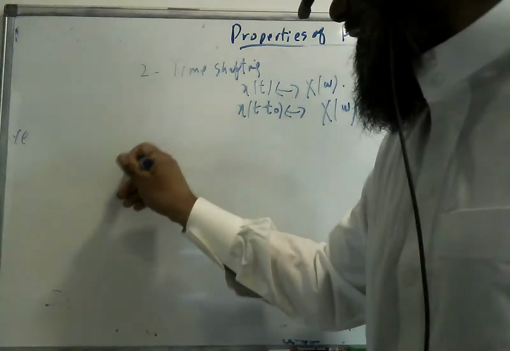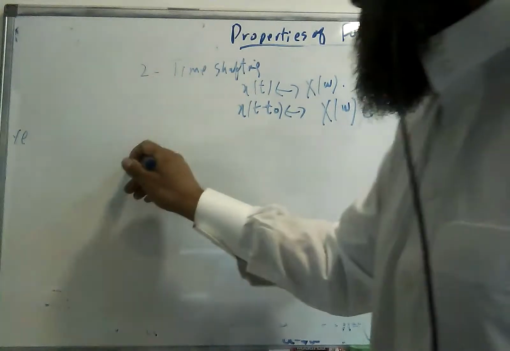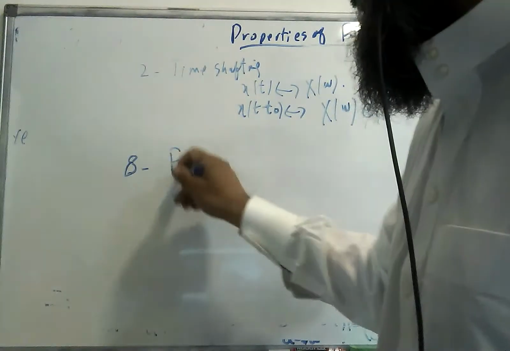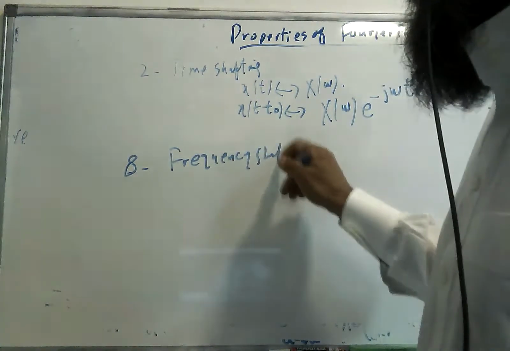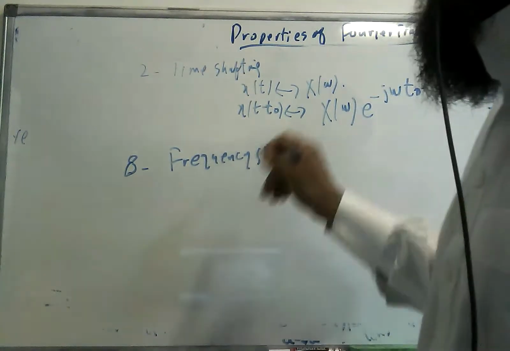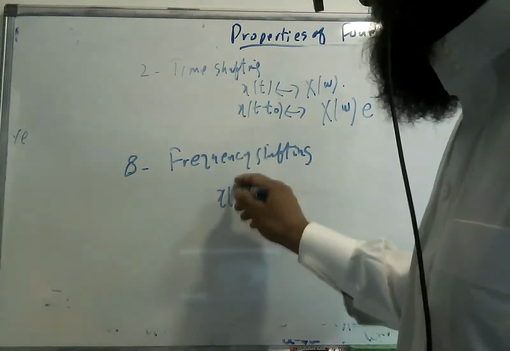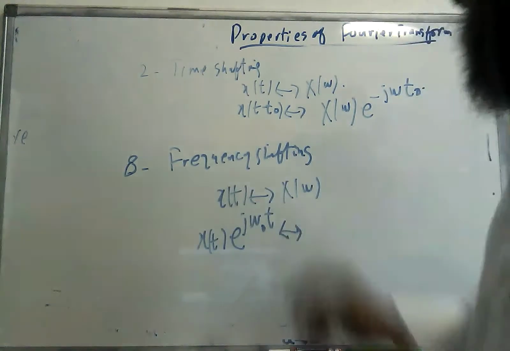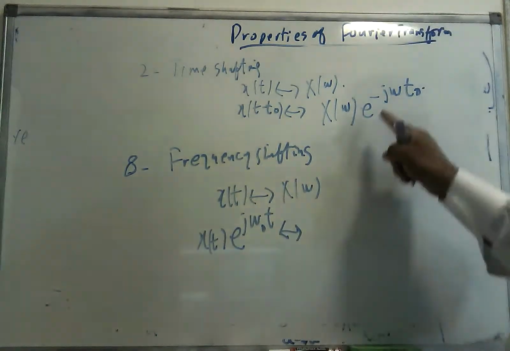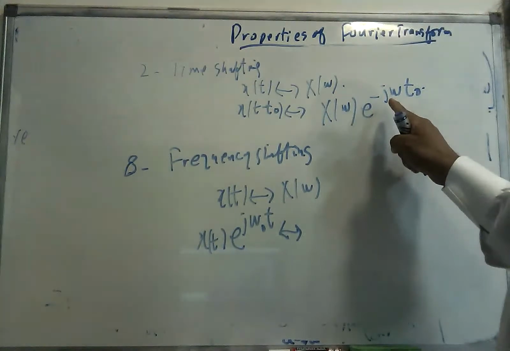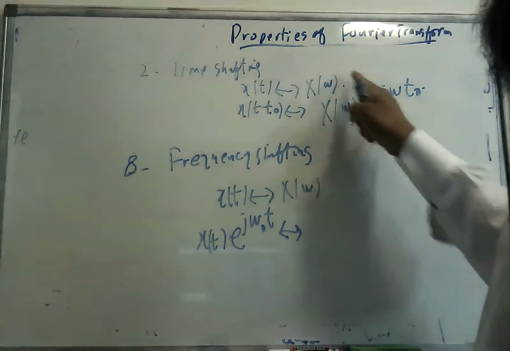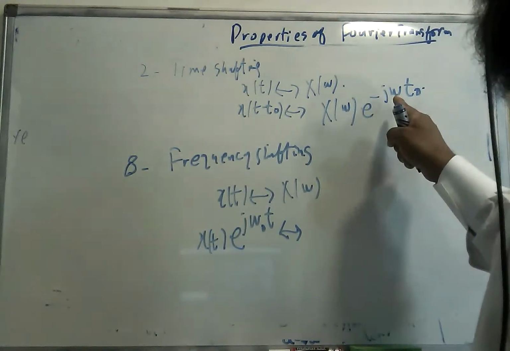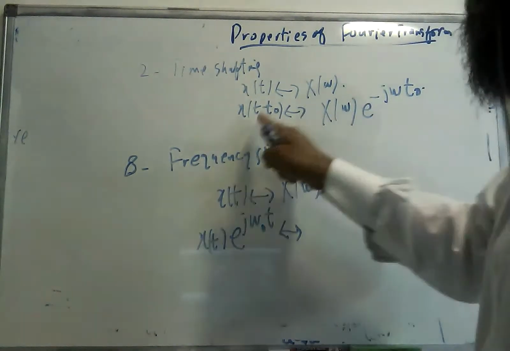Now the 8th property is the frequency shift. Here, when we multiply the frequency domain by an exponential, we shift in time.